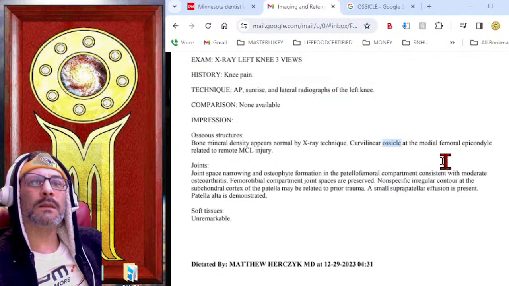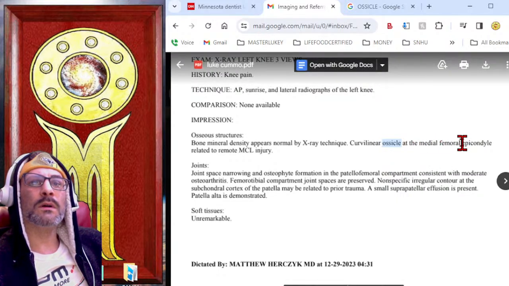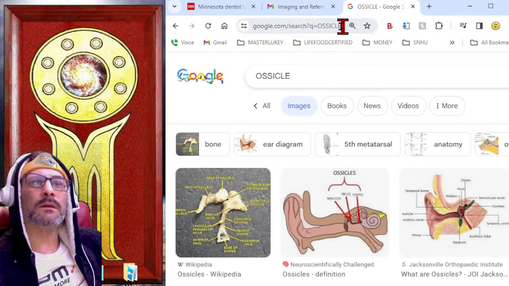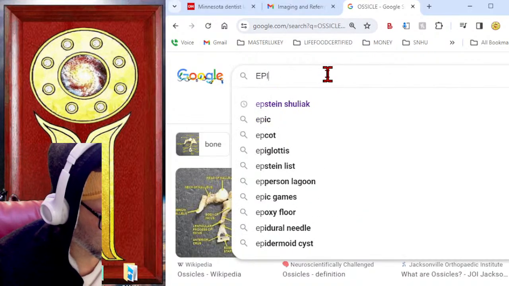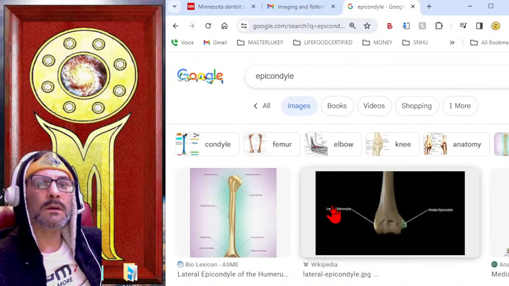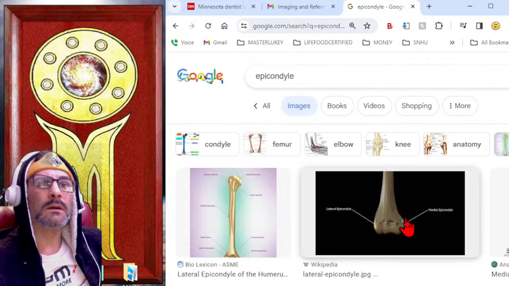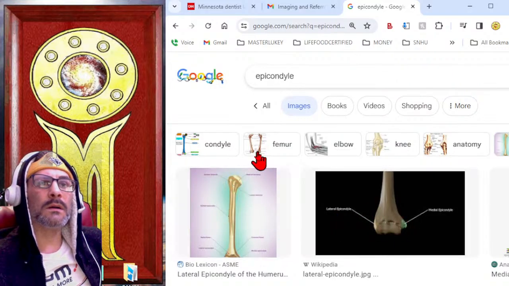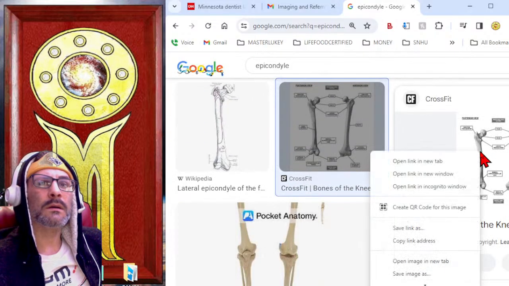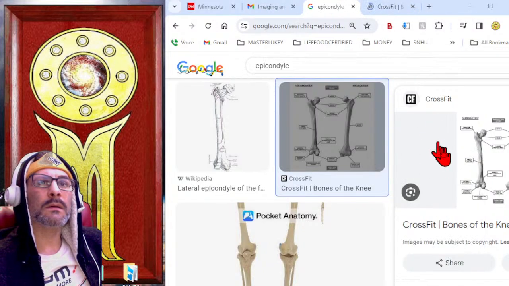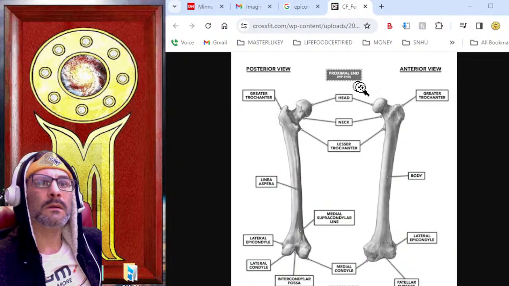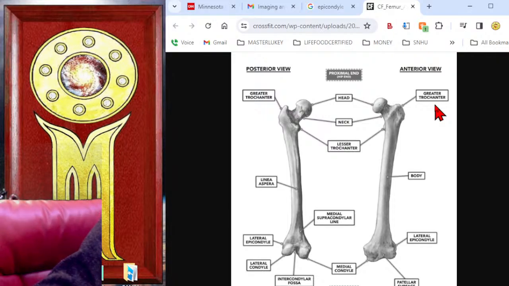At the medial femoral epicondyle. Okay, medial epicondyle.